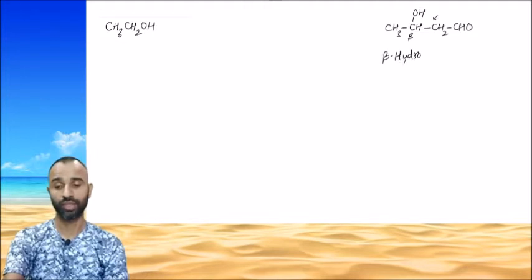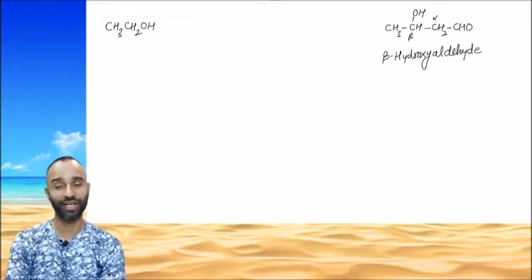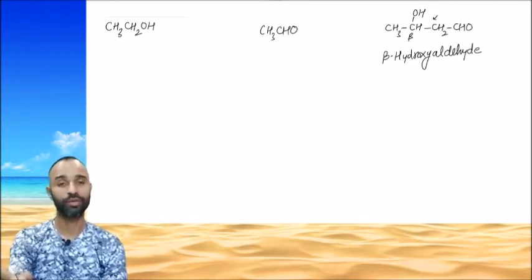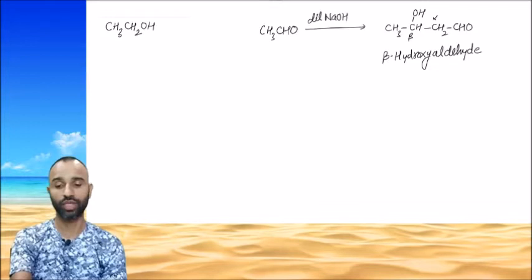Beta hydroxyaldehyde. कुछ याद आया? To convert aldehyde into beta hydroxyaldehyde, we have to use aldol condensation. That means if we have acetaldehyde on aldol condensation by using dilute NaOH, this is aldol reaction.